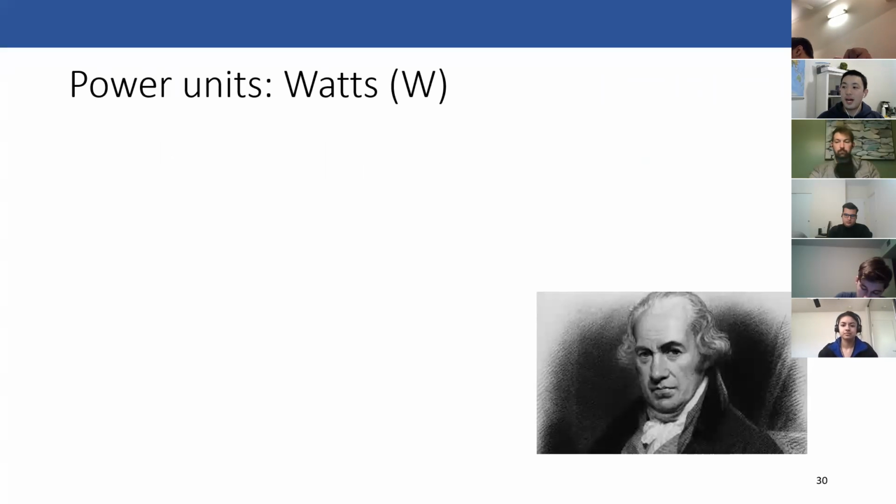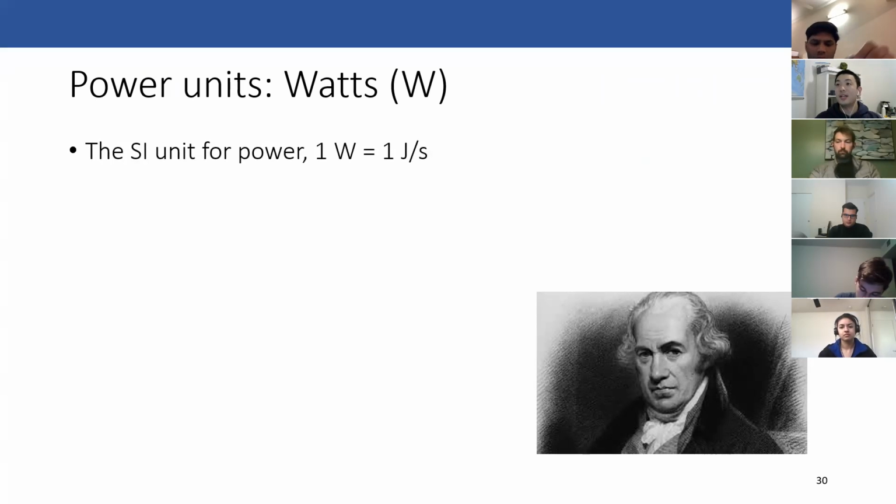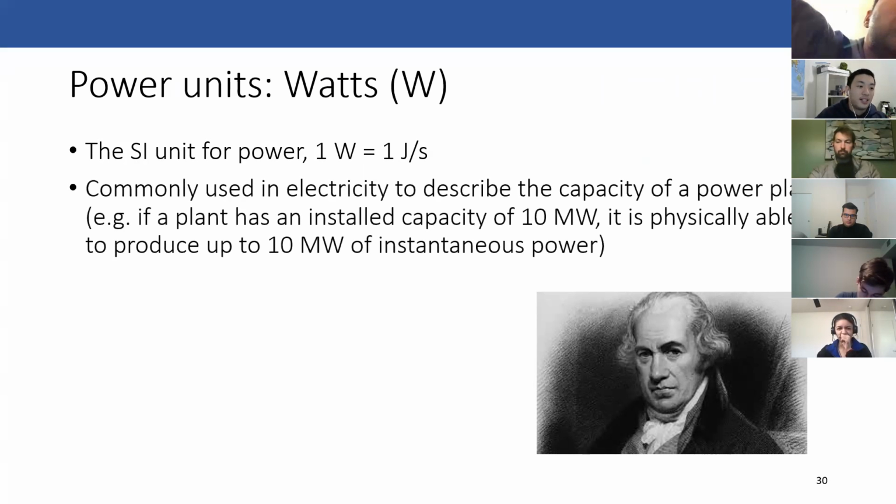Okay. So for watts, the SI unit of power is 1 joule per second. So this is most commonly used in electricity. We use this, for example, to describe capacities of power plants. I'm sure most of you are familiar with the use of watts in common household appliances, but even in other portions of your electricity system, it's very commonly used.